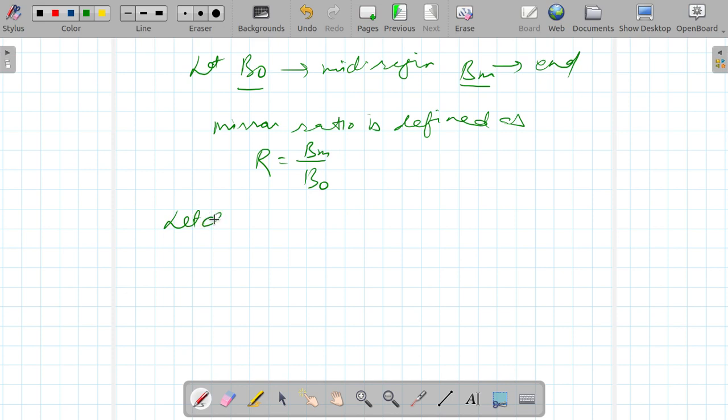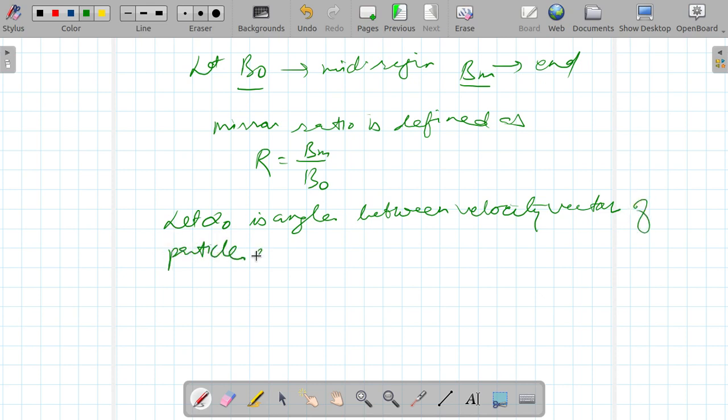Now let theta naught be the angle between the velocity vector of the particle and the z-axis at z equal to z naught, and theta be the angle between the velocity vector of the particle and the z-axis at any value of z.